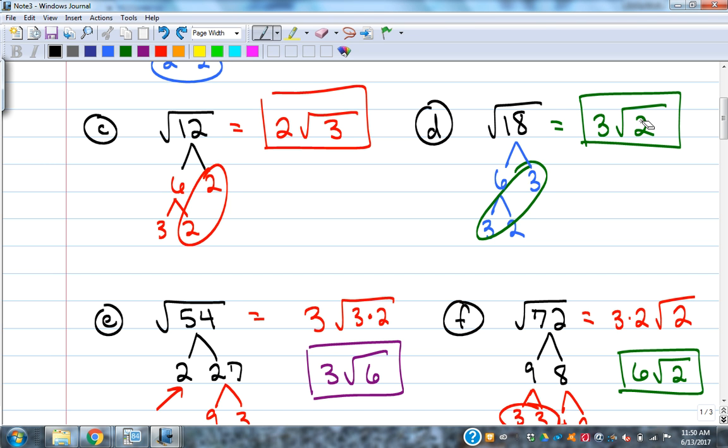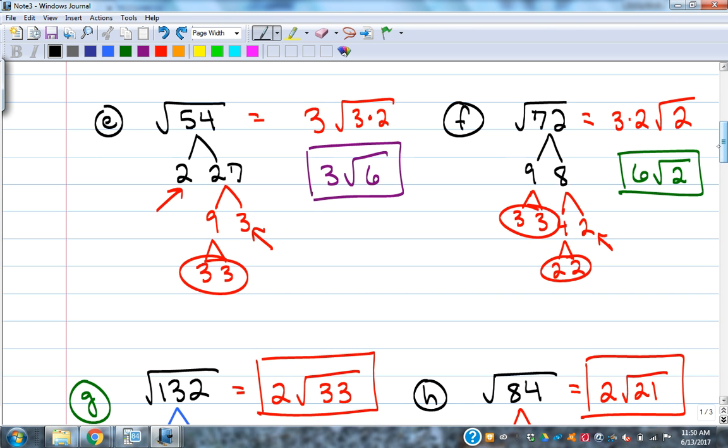Okay. Go on to the next one, square root of 54. We don't know much about 54. We know it's even, so we divide it by 2. 54 divided by 2 is 27. So that's where the 2 and the 27 come from. And then we know something about 27. We know it's 3 times 9. So that's where this 9 and 3 come from. Well, 9 breaks down into 3 and 3, and it gives us a pair of 3's.